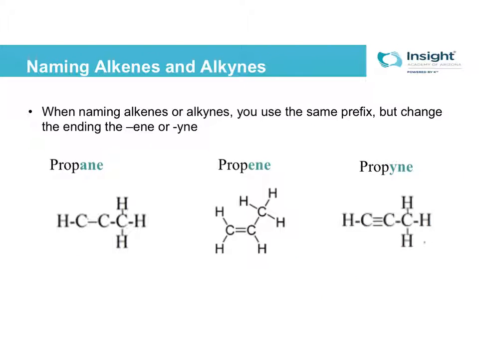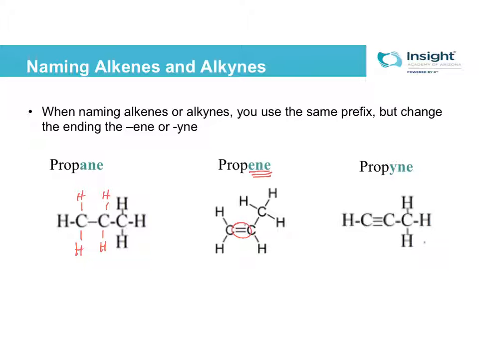So the ending of the word will change based on what type of hydrocarbon you're working with. Actually, I'm noticing there's some missing hydrogens here. Propane has your 3 carbons. Propene also has 3 carbons, but this ene ending signifies that there's a double bond in there.